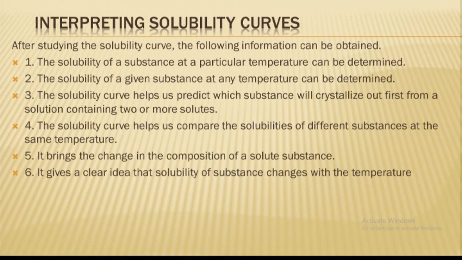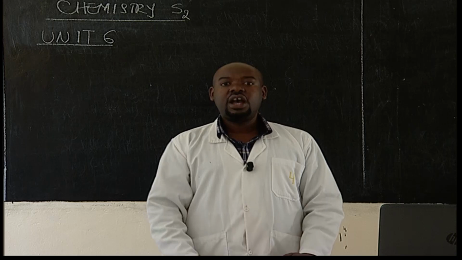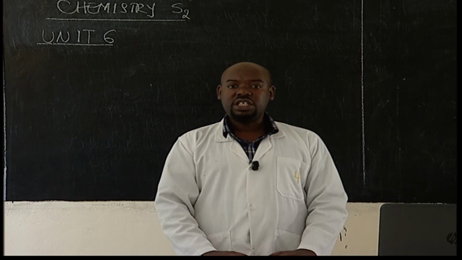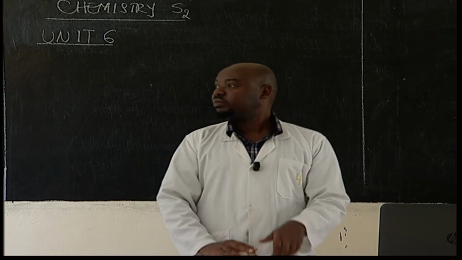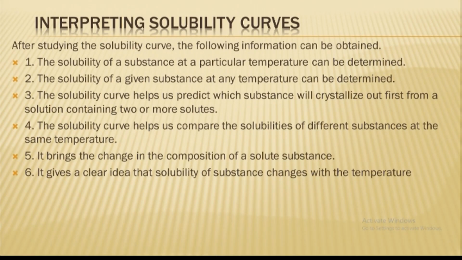And what do we get from the interpretation of the solubility curves? After studying and analyzing solubility curves, what do we get? Here is a list of all the information we can get from interpreting solubility curves.